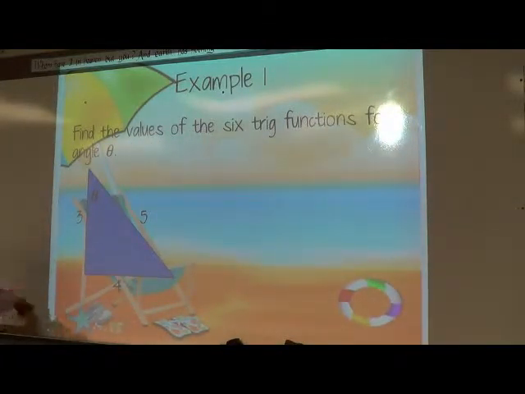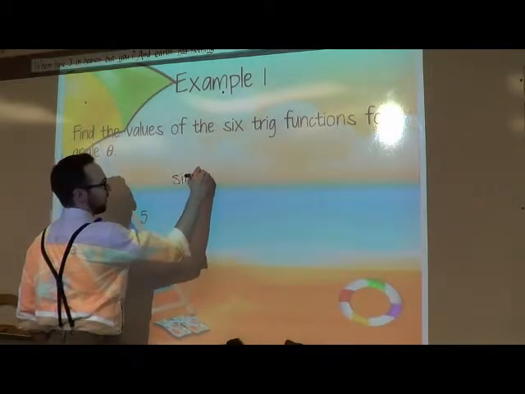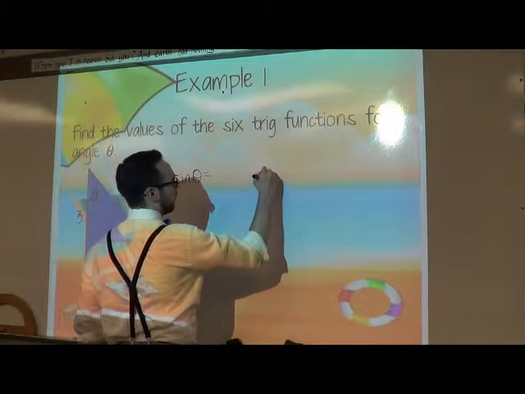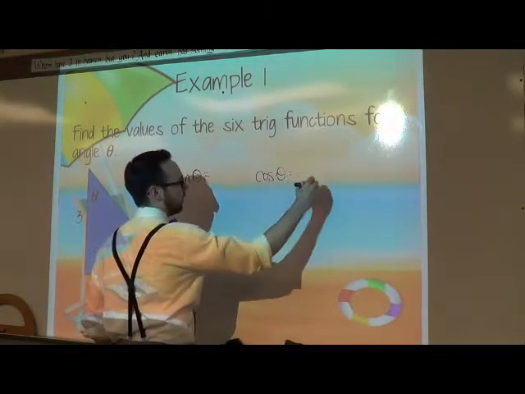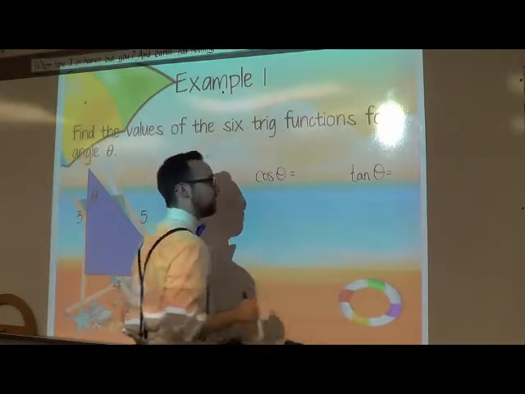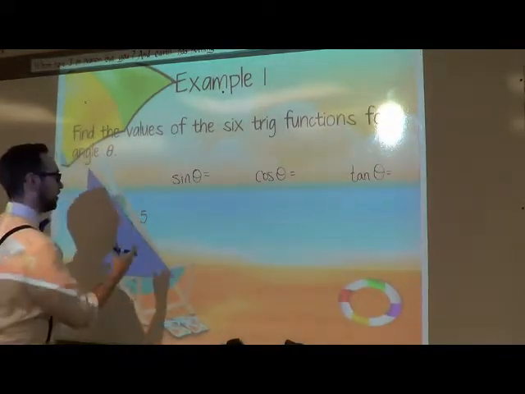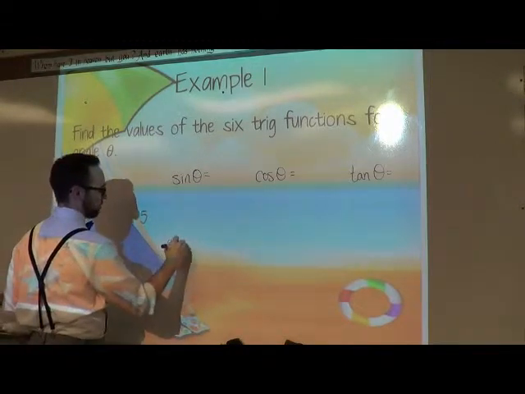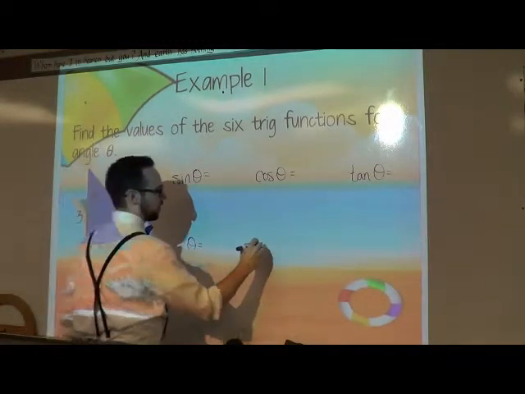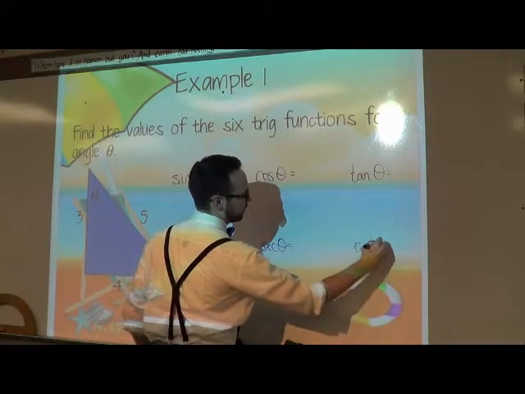So they want the values of all 6. What I'm going to do is start with sine of theta, cosine of theta, and tangent of theta. Once I find those three, all I have to do is take the reciprocal to find cosecant, secant, and cotangent.